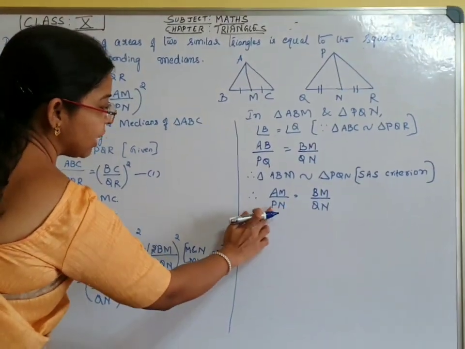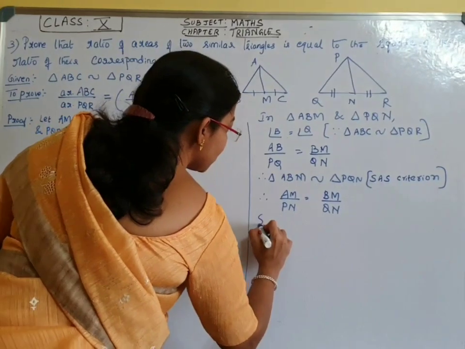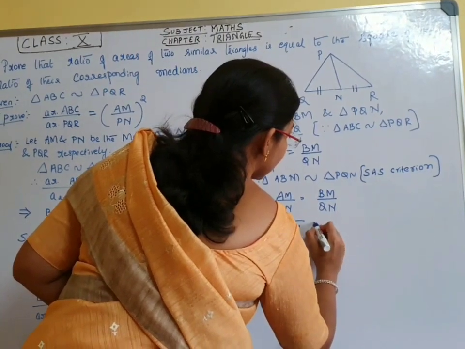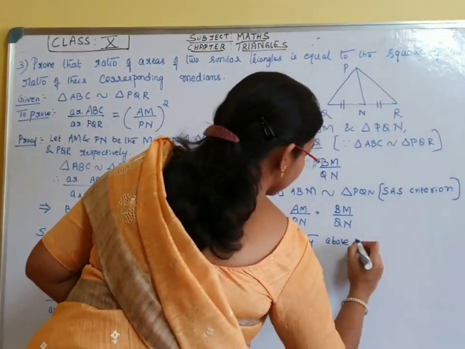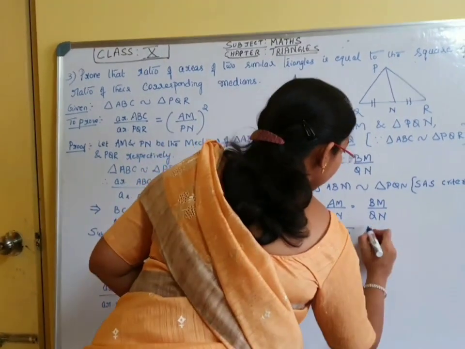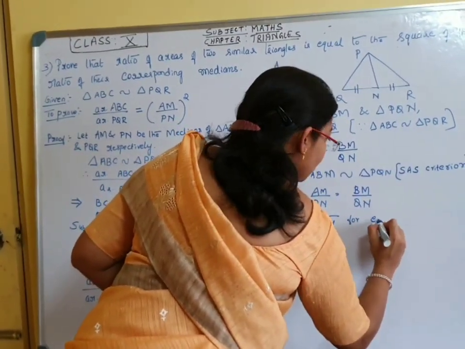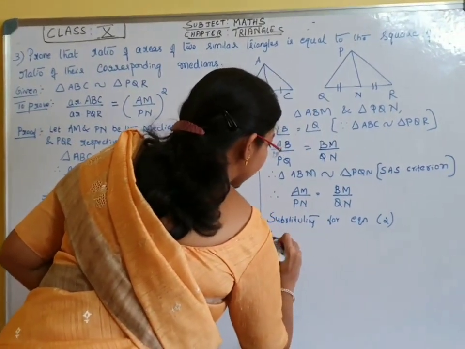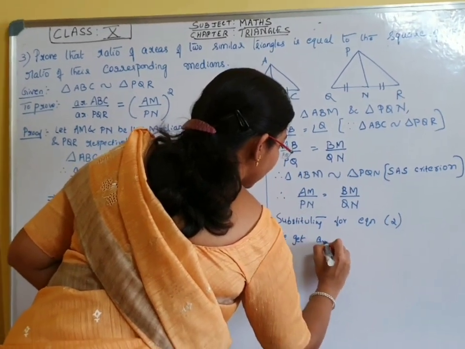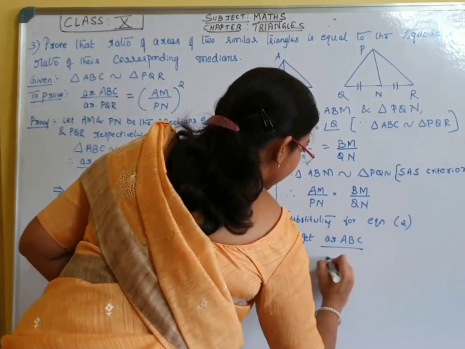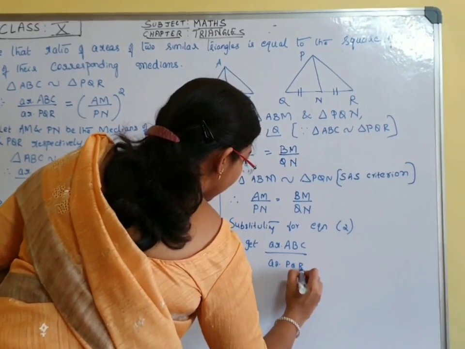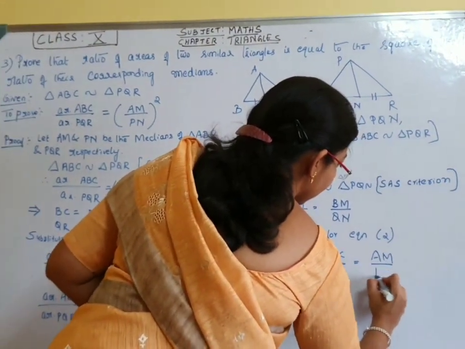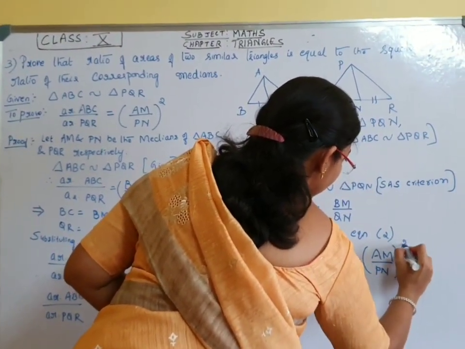In place of BM by QN, we can substitute AM by PN. Substituting in equation 2, we get area of triangle ABC by area of triangle PQR is equal to AM by PN the whole square.